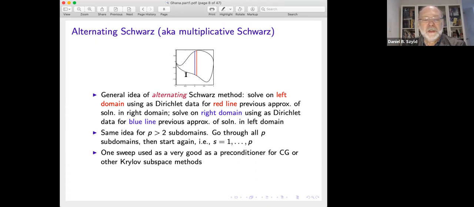So Schwarz, you can think of this in two modes, as a solver or as a preconditioner. And a lot of work in the domain decomposition community consists of proving that for certain problems, elasticity, different problems, this will work, and designing different ways of doing Schwarz.